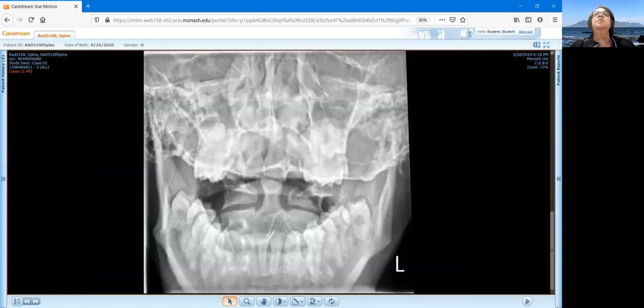This one is an open mouth view as well. If we look at the open mouth view, the distances are more or less equal from the dens to the lateral masses, and the lateral masses are running along two lines on both sides. So this case was a normal case. There's nothing here that indicates a fracture or a dislocation.